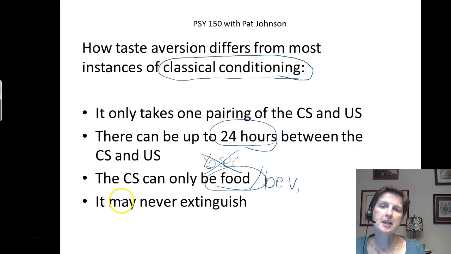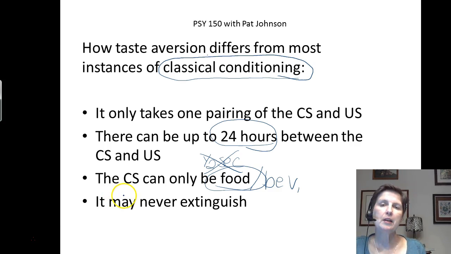And if you think about it, taste aversion makes a lot of sense as a mechanism that helps us stay alive. Let's suppose we are an animal and we're out in the wild and we get sick after eating a particular food. We don't want to have to repeat that experience numerous times because that could kill us.